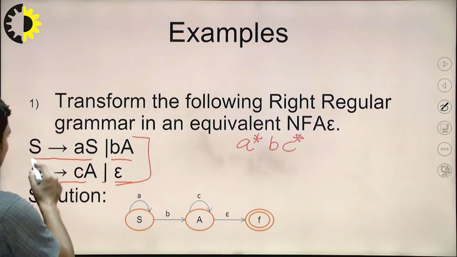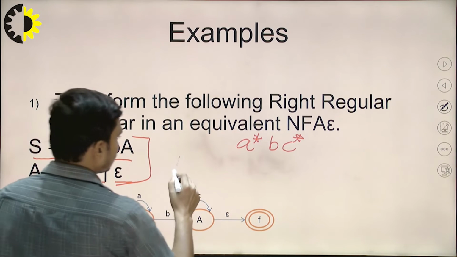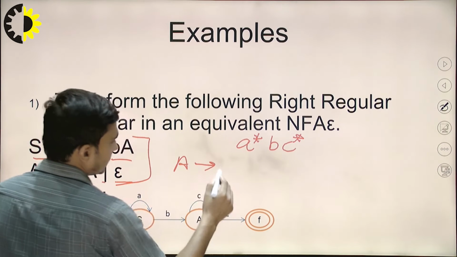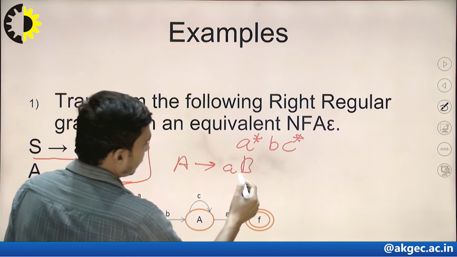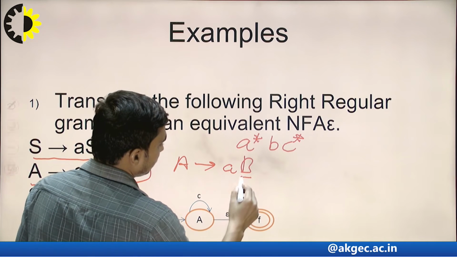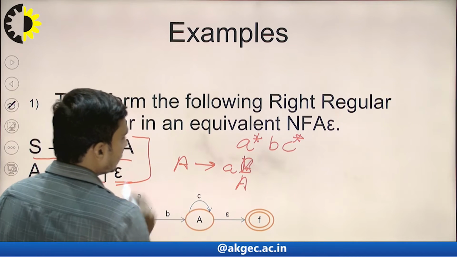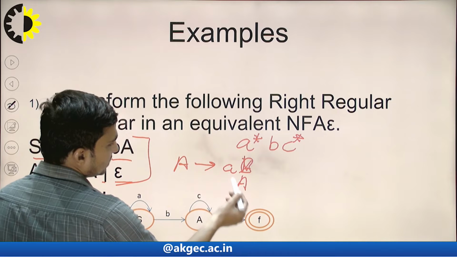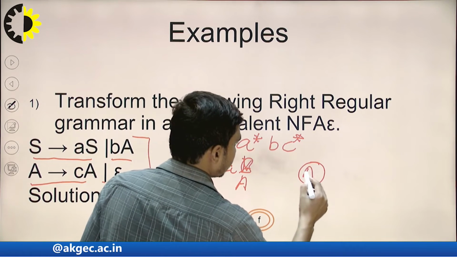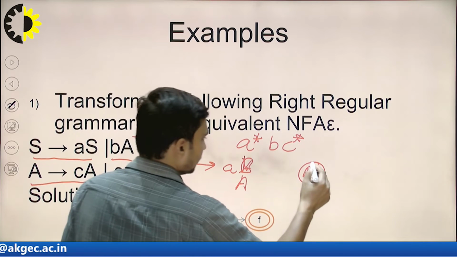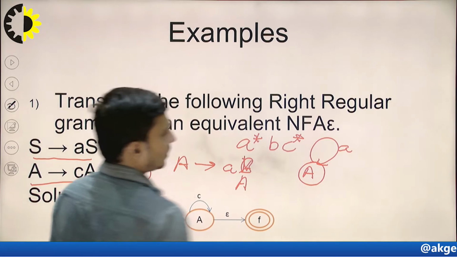Now, the first production is S produces small a S. This production is of the form A produces small a B, except we have the same symbol S in place of B. So we are at state S, reading input small a, and reaching the next state, which is S again.